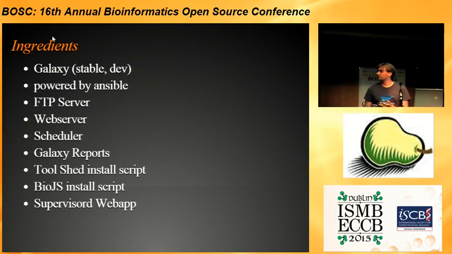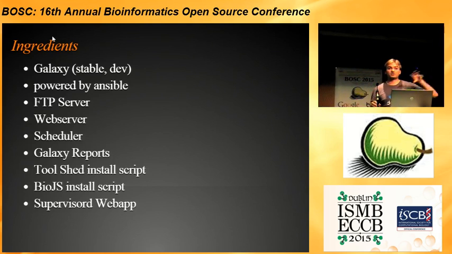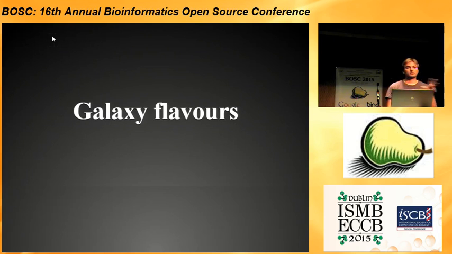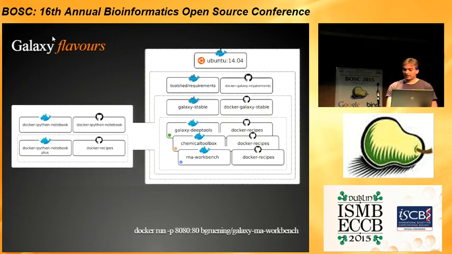We included the FTP server, Galaxy reports, an own scheduler that you can bind to an outside scheduler. Everything in one container. We offer you scripts to install tools automatically, Bio.js visualization. For administrators, you have a supervisor web app which you can start and stop daemons. And all this in one container. So literally you do docker run and pull up your containers.